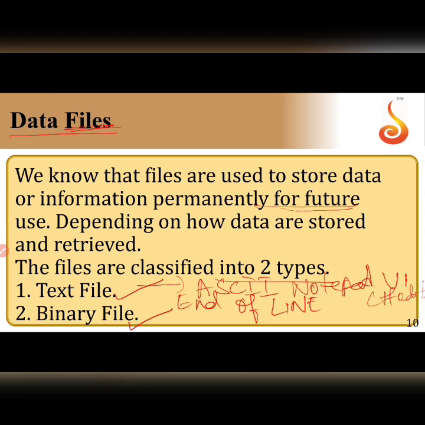But then there is also EOF, end of file, wherein until the end of file is encountered, a file can have n number of lines. So you read the file until the end of file is encountered, and a line is delimited by an end of line character.